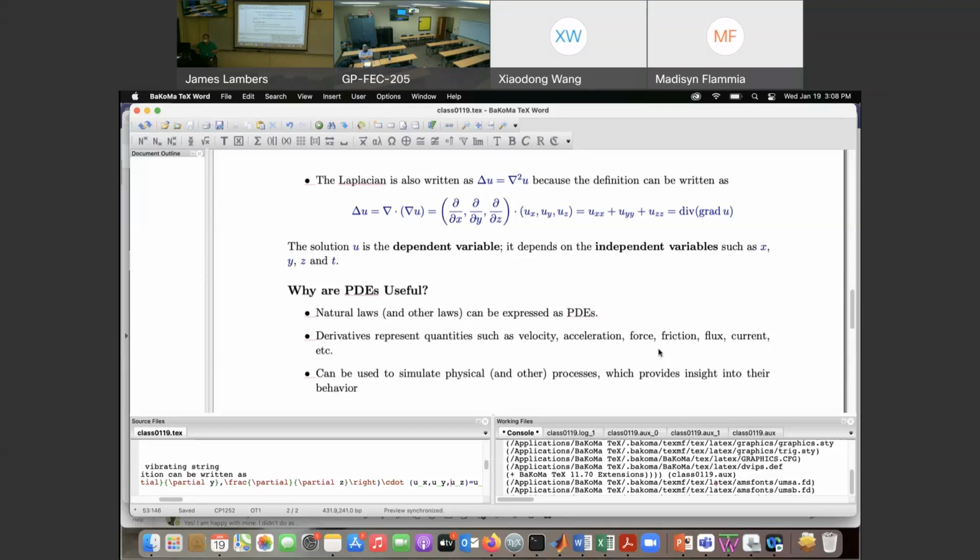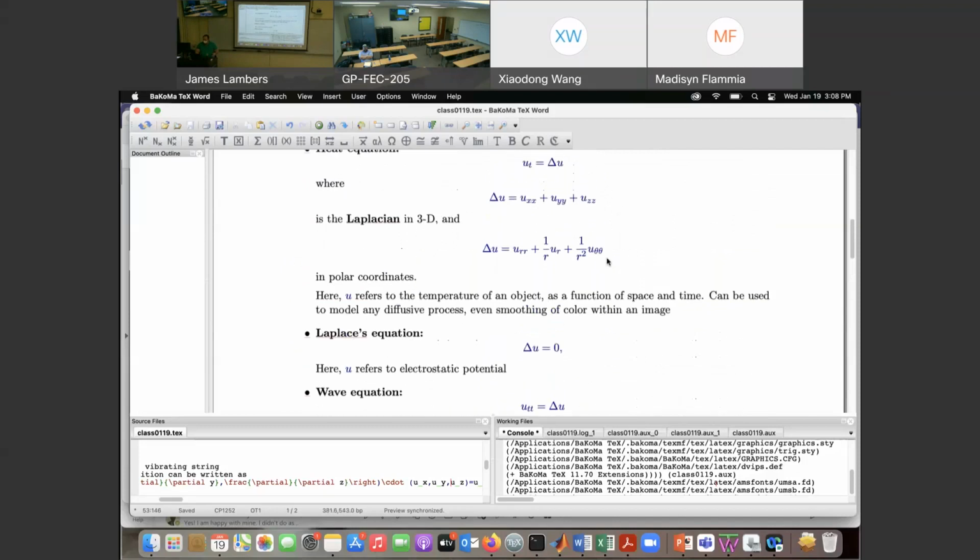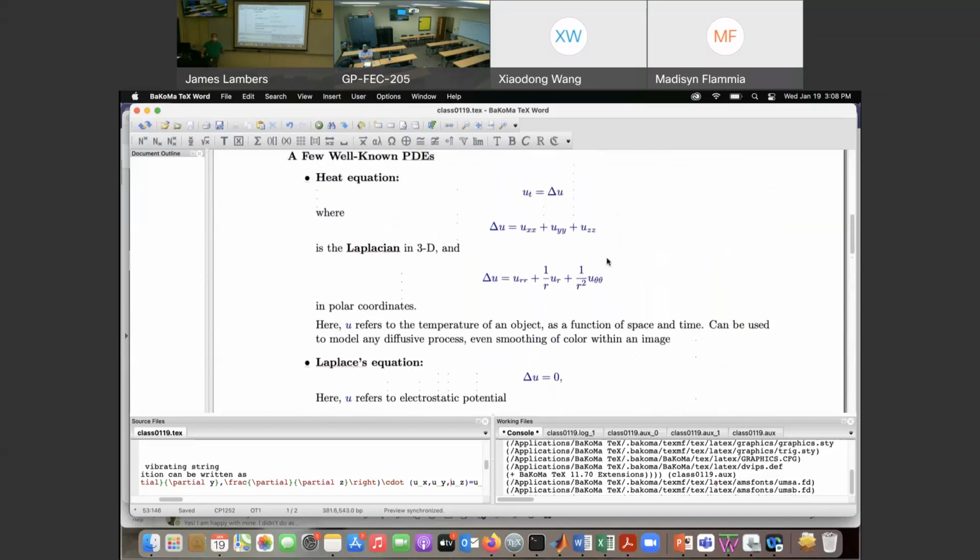So for certain PDEs like this, really the simplest kinds, it's possible to write down a formula for the solution. So your answers, like in your homework or test, will be u(x,t) equals, you'll have some formula. But for PDEs that show up in real-world applications, that's generally not possible. And that's where numerical methods come in, and my research is about designing effective numerical methods, particularly in terms of efficiency.